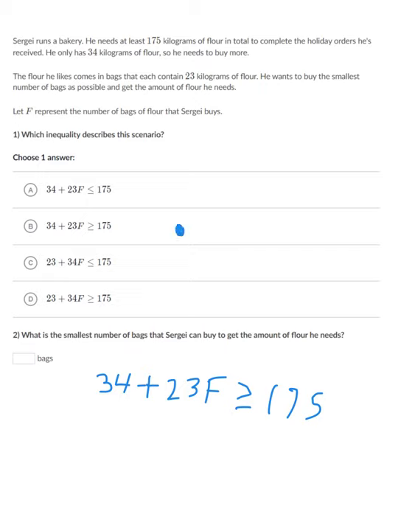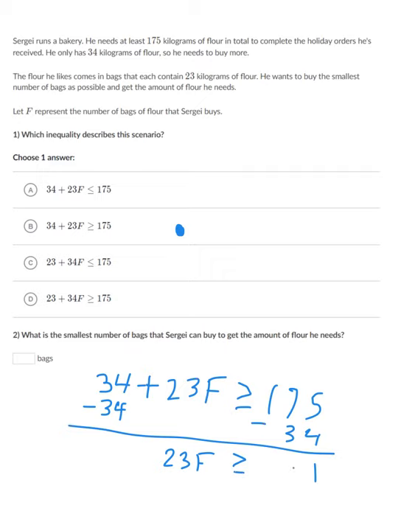All right, so now let's see how many bags of flour he needs to buy. So minus 34, we get 23F is greater than or equal to 141. Divide both sides by 23. So F equals 2.81.